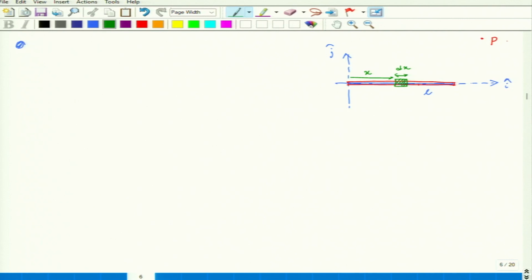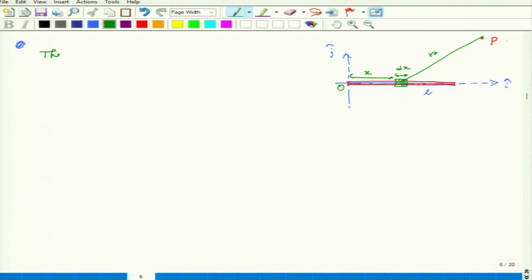This is the origin O, and we calculate the electric field at point P due to this element, and this distance is r.